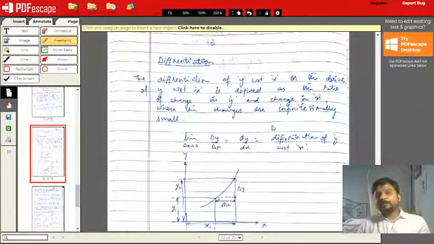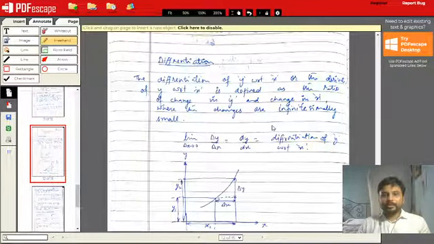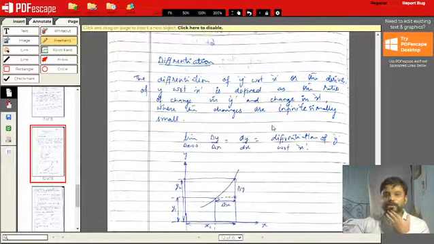And to complete that objective, we have to learn a small mathematical tool, which is differentiation. So first, let us identify what differentiation is.